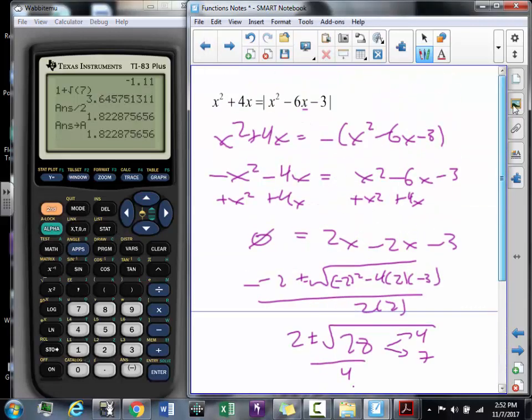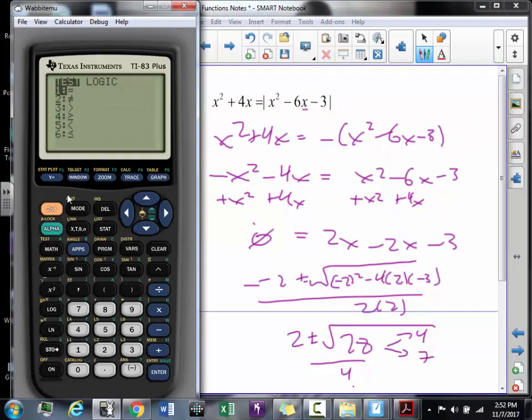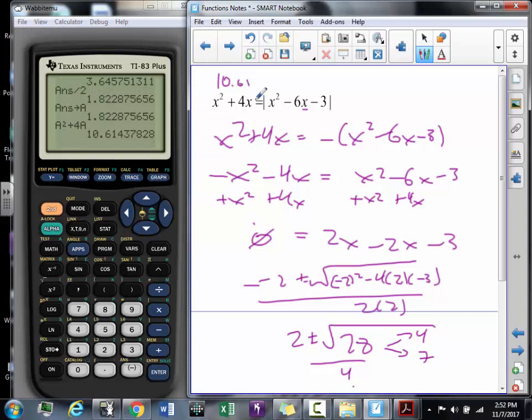Now I'm going to try testing it. I need to take a, oh goodness, where is it? A squared and add 4a. This side over here is now 10.61. That make sense? This side over here, if it's 10.61 or negative 10.61, we're good.